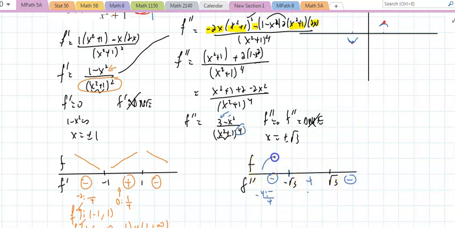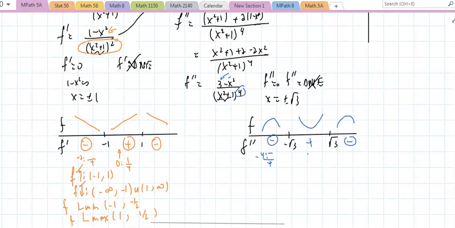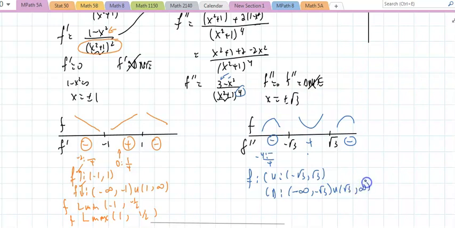If it's negative, it's concaving down. If it's positive, it's concaving up. And if it's negative, it's concaving down. And f, right underneath it, f is concaving up from negative radical 3 to radical 3, and it's concaving down from negative infinity to negative radical 3 union with radical 3 to infinity.